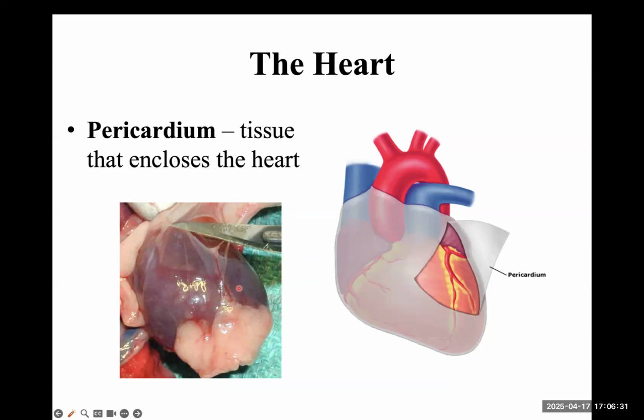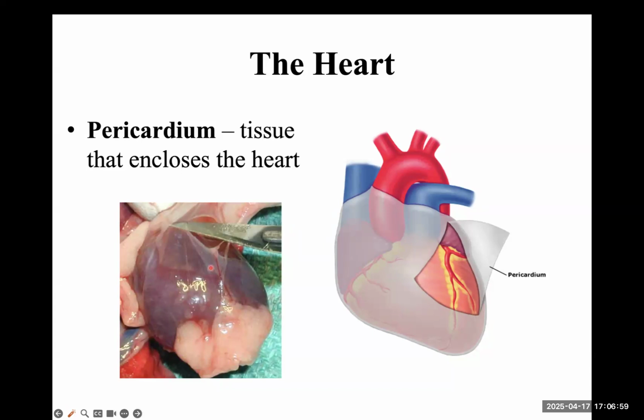Looks like you got a surgical gown over here, so they're probably cutting into the heart. If you go to a butcher shop, they might have a cow's heart, and sometimes there's a piece of pericardium left on there, and then inside you have this fluid, which is in the pericardial sac, and that's basically going to contain the fluid and the heart.